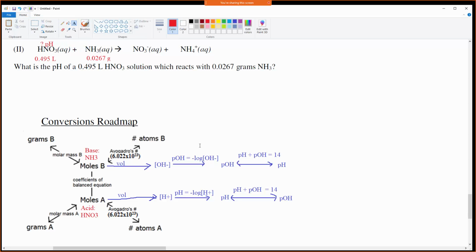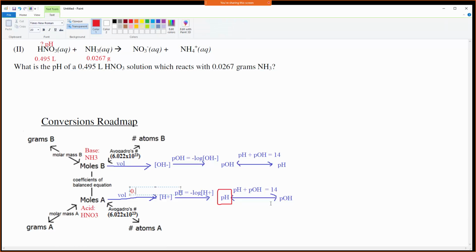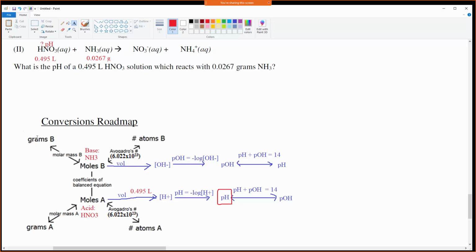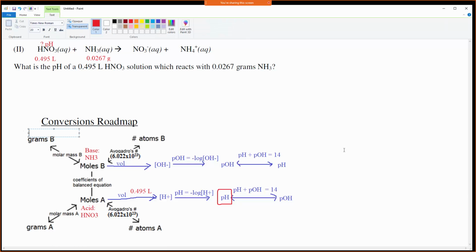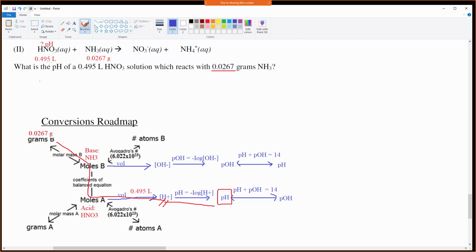If we orient ourselves here, they want to know the pH of the acid. So this is our target. And to help us, they gave us the volume, 0.495 liters. And then they gave us the grams of the base. So we're like all the way over here. That's okay.